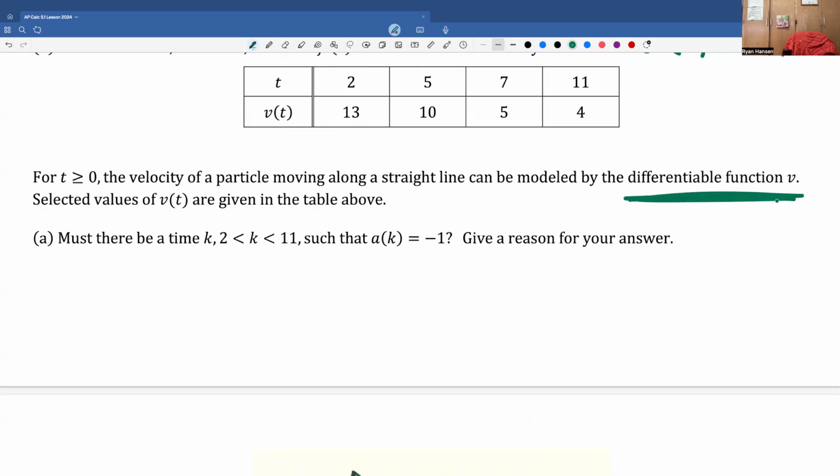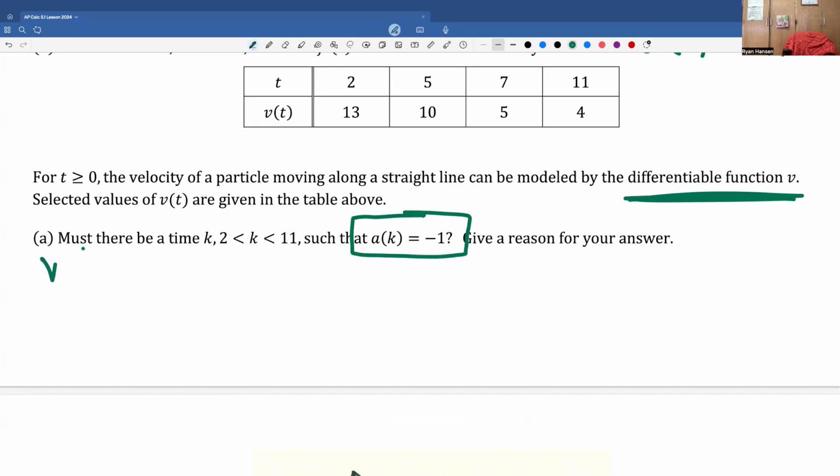Now here's a throwback. If they tell you a function's differentiable, is it automatically continuous? Yes. So this implies continuity. Must there be some time on the interval from 2 to 11 such that the acceleration is -1? Acceleration is the derivative of velocity.